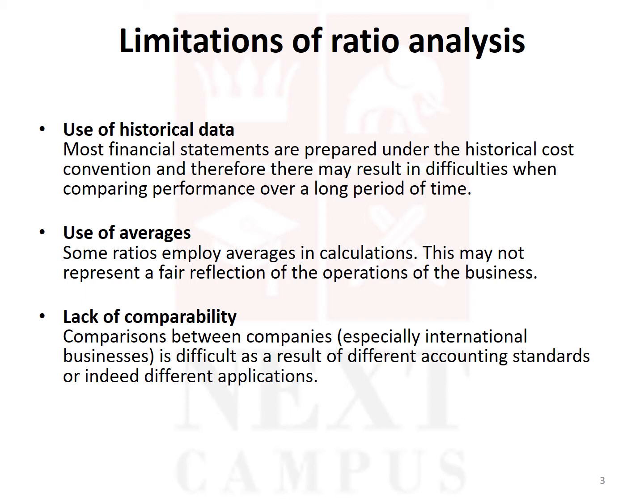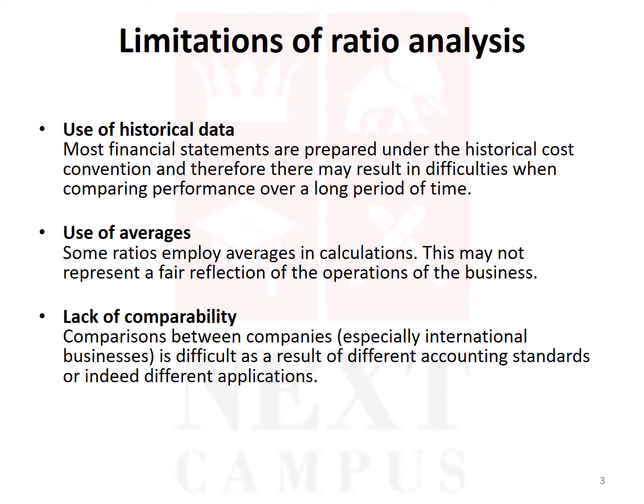Number two, use of averages. Sometimes, since you don't have the exact figures available, you have to calculate ratios on averages. This may not be a fair reflection of the operations of the business. And sometimes ratios lack comparability. If one organization prepares ratios, another organization may not, because they don't have a proper accounting function.